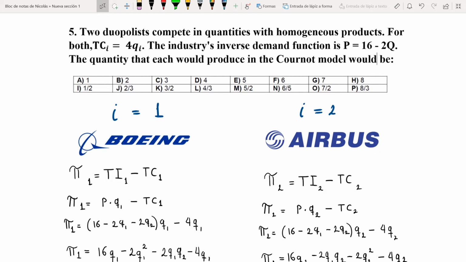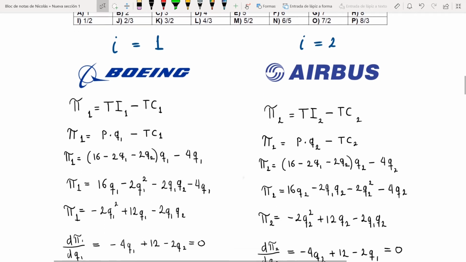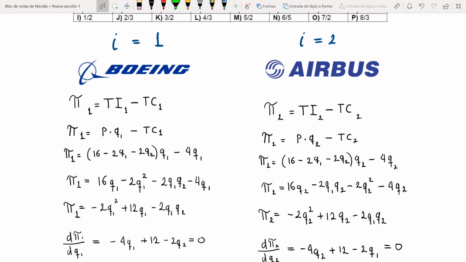So first of all, we'll have to find the profit equation for Boeing and Airbus, and when we do it, we will derive it and equal it to 0 to find the best reaction curve for both of them. So we know that the profit, let's start with Boeing, is given by total incomes minus total costs.